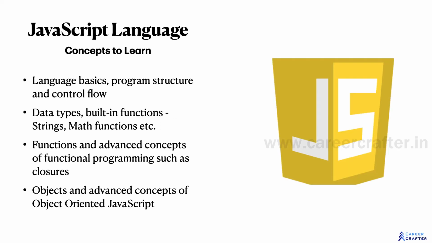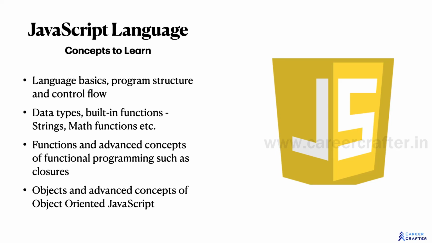To become a web developer, one must first learn the basics of JavaScript. Since JavaScript is now used extensively across the technology stack, it's important to go deep and understand some of the fundamental concepts very well. So some of the concepts to learn in JavaScript are, of course, the language basics, the program structure and control flow, the data types, built-in functions, and so on.